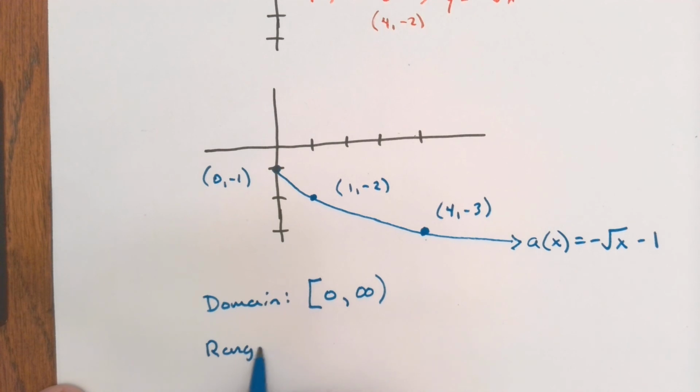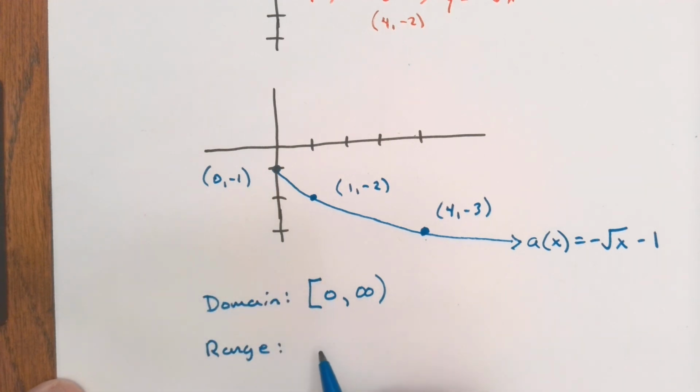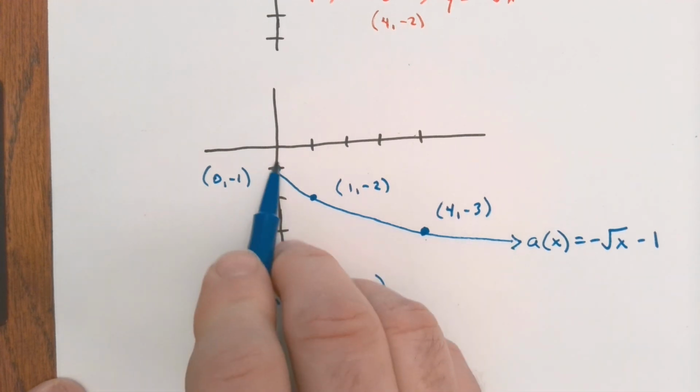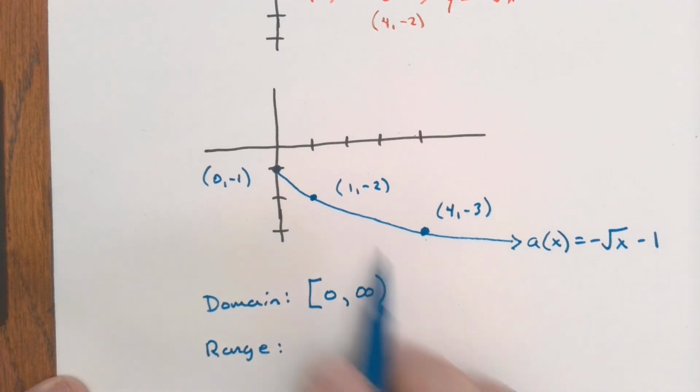Our range, those are our y values. That's the height of our graph. I want to take a look at how far up and how far down our graph goes. The highest point is here, and the height of that point is negative 1. The lowest point, well, this graph is going to go down forever, down to negative infinity. It'll go very, very slowly, but it doesn't ever level off.